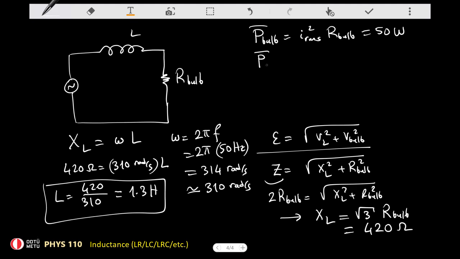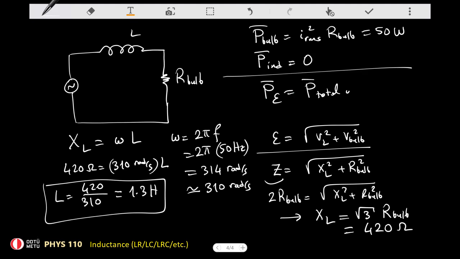How much does the inductor use? The device in here, so it's 0. So therefore, the amount of the power that is supplied by the EMF device, that's basically the total used, is equal to 50 watts. So in here, of course, you save from electricity bills.